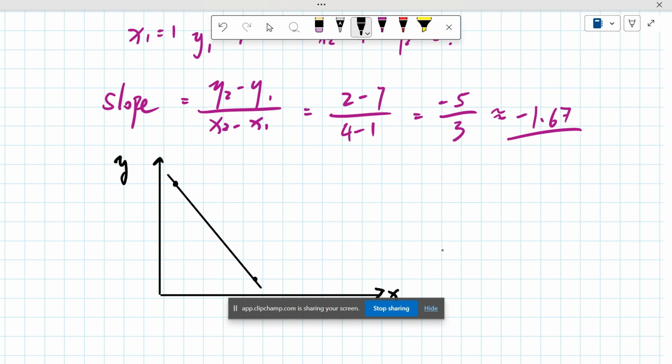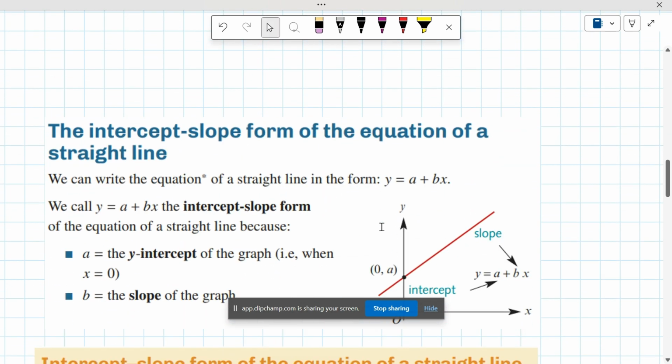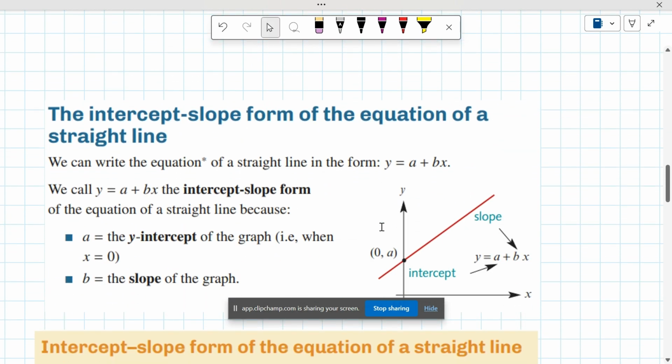Now I'm going to introduce the intercept and slope from the equation. The straight line form looks like a plus bx, and we call a plus bx the intercept form.